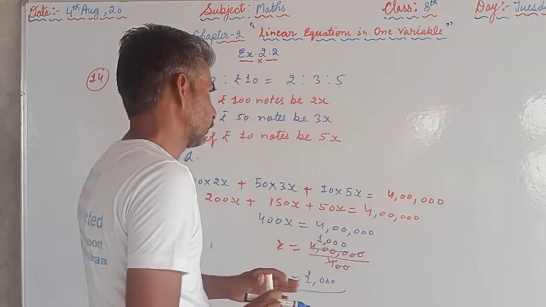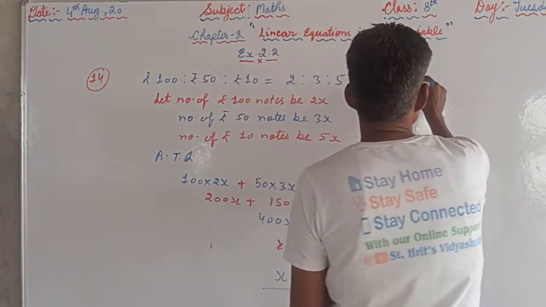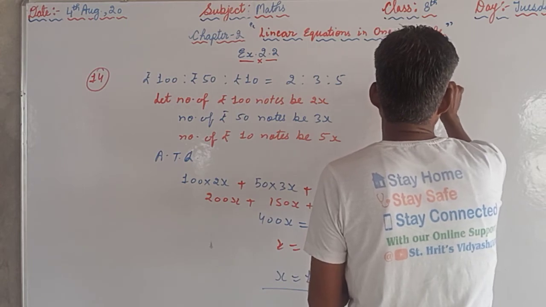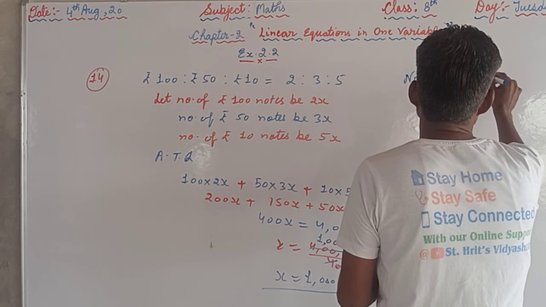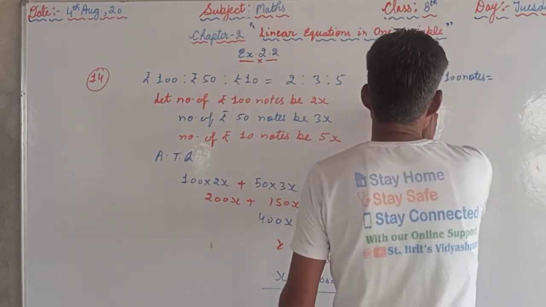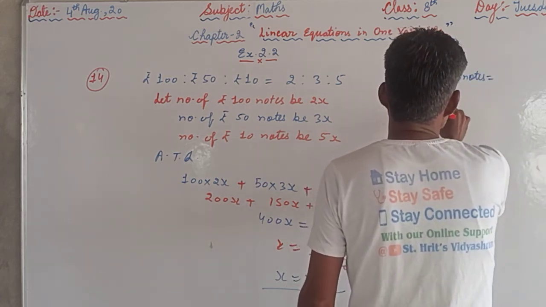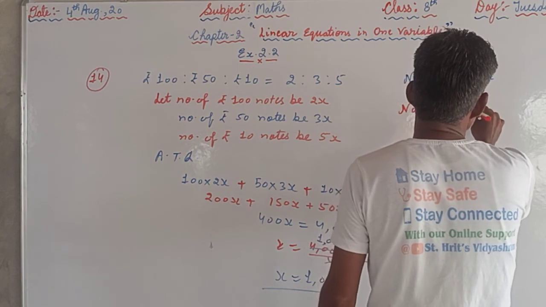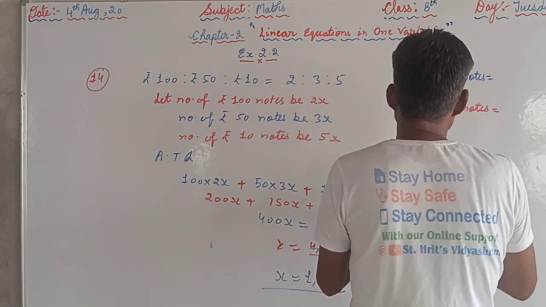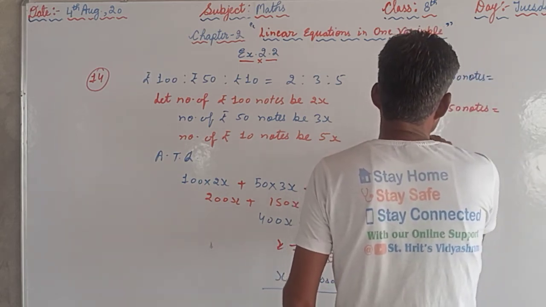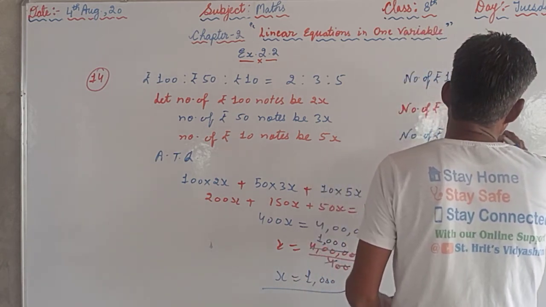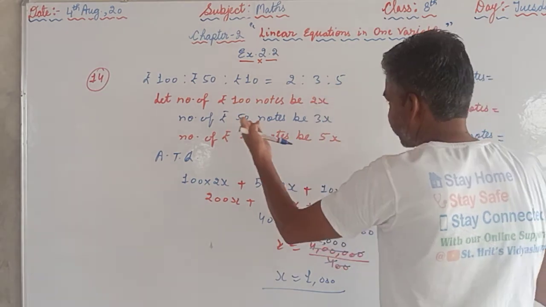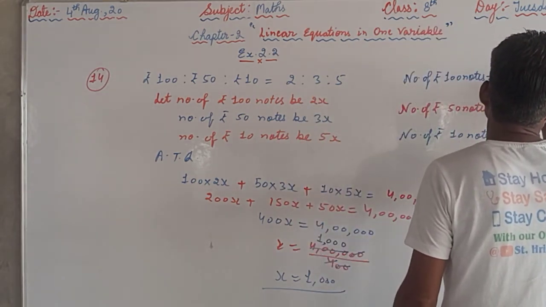So the number of rupees 100 notes and number of rupees 50 notes, and afterwards number of rupees 10 notes. So what was our assumption? That was 2x, and what is the value of x?